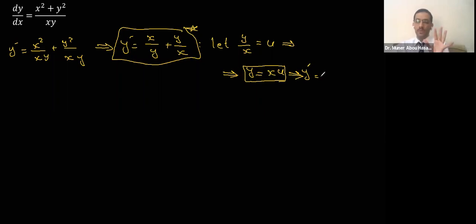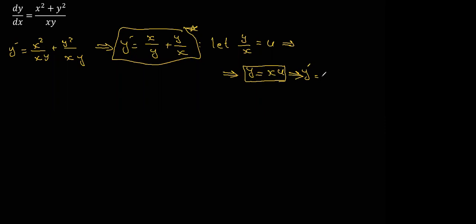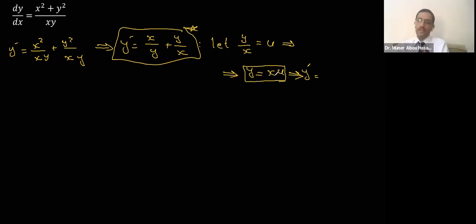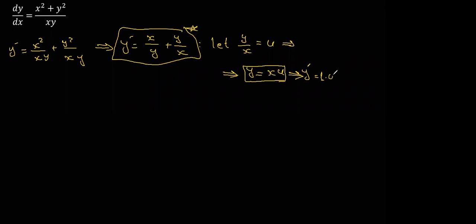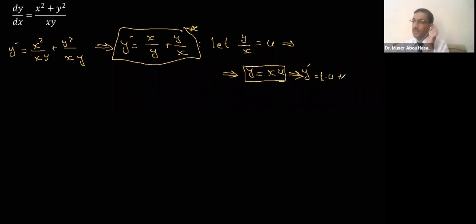You remember the rule of the differentiation of a product between two functions? Yes. The derivative of the first one, which is 1 times u. Great. Plus what? 1 times x.